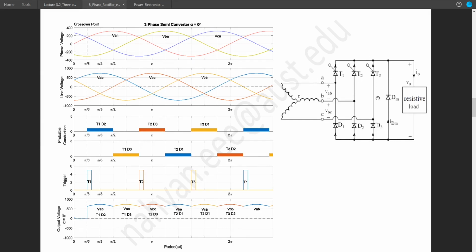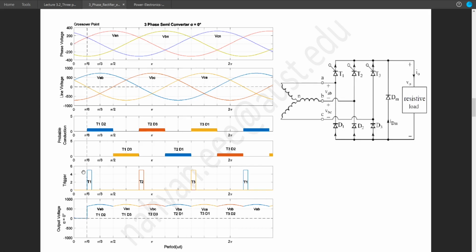These are thyristors. So apart from this conduction zone, we need to trigger T1, T2 and T3 in order to get conduction.